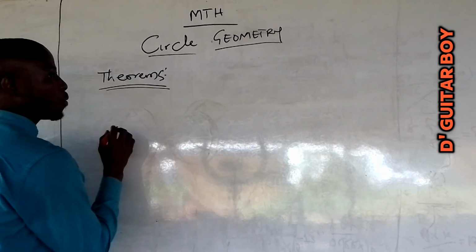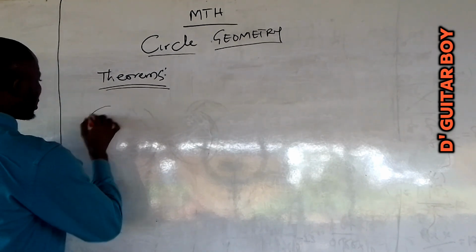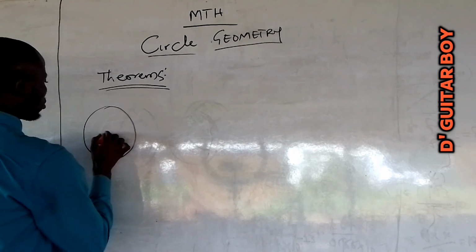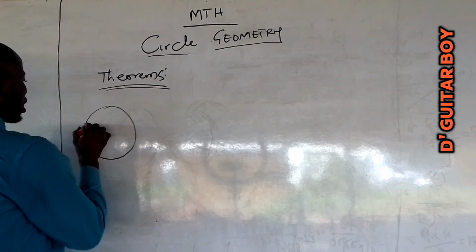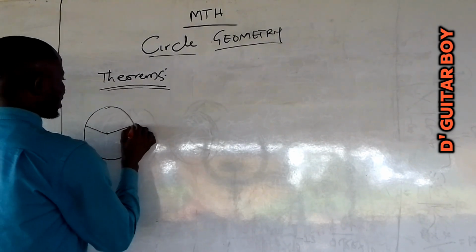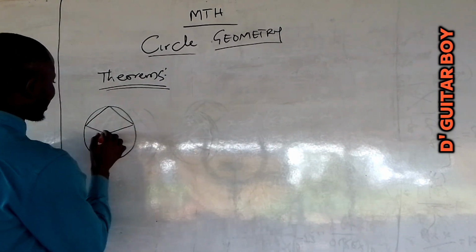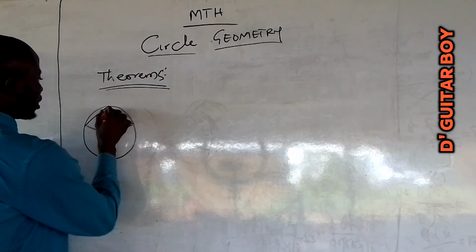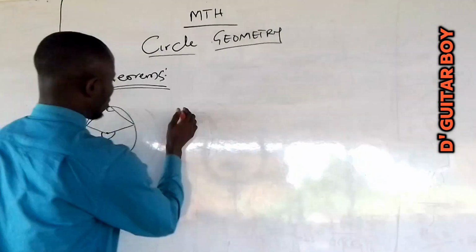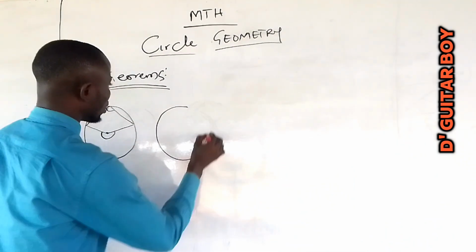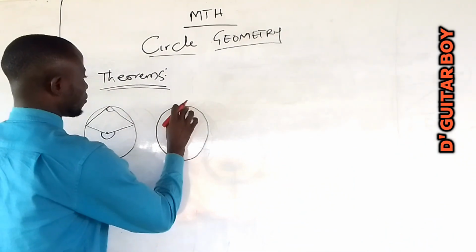So some people mistake something like this with a cyclic quadrilateral. You know, this one, when I said angle obtained at the center is twice that. This was the former one, an example of the former one.